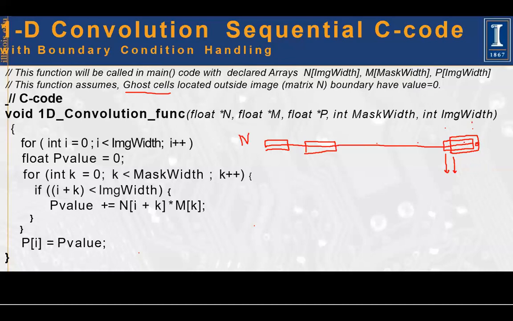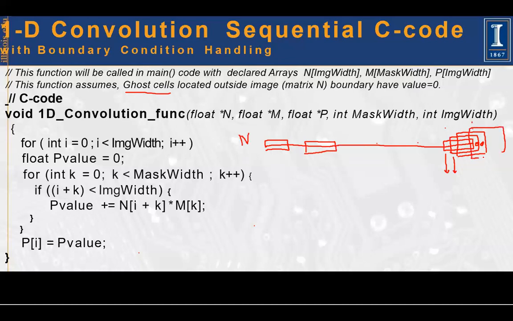Then we slide the window further, one position. Next, there is a window. Now there, you will need 2 ghost cells. There will be one more ghost cell. And in the worst case, you will be calculating this last element and your window will be placed here.